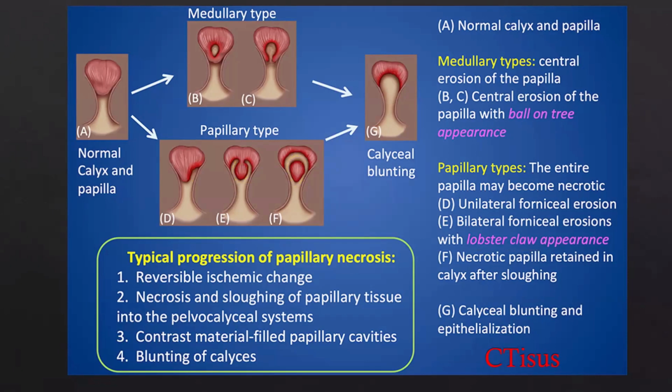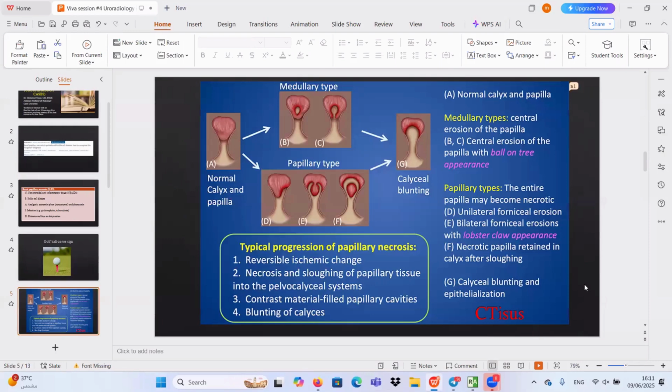It appears as a filling defect inside the calyceal group. And by the way, we mentioned this in our differential diagnosis of filling defect inside the calyceal group. Papillary necrosis is one of these differential diagnoses. And by the end, it will end with calyceal blunting and calyceal dilatation. So these are the features of papillary necrosis.